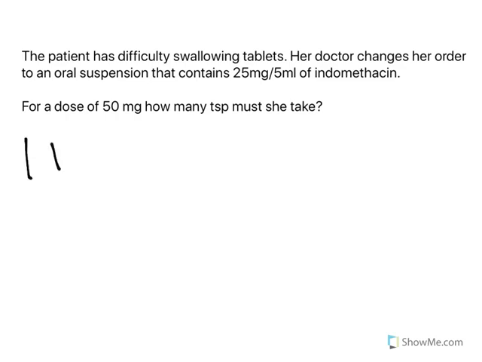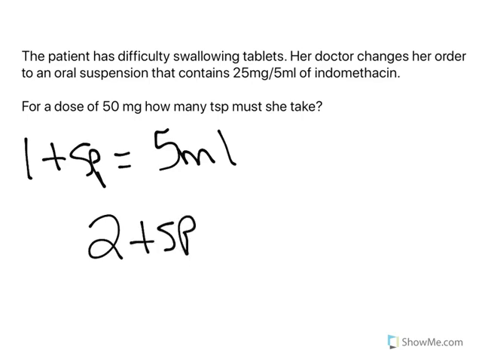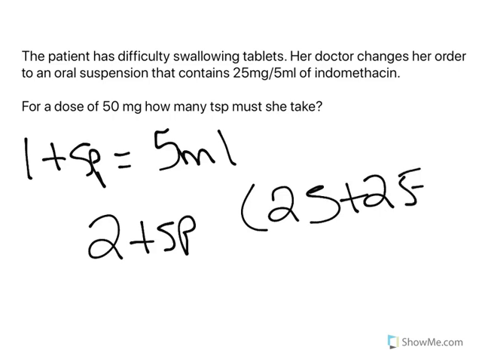So 1 teaspoon is 5 mLs. So we know that for every 25 milligrams, that is 1 teaspoon. So if she's taking a dose of 50 milligrams, that would be 2 teaspoons. Considering 25 doubled is 50.